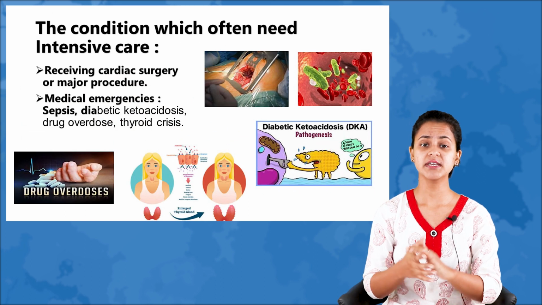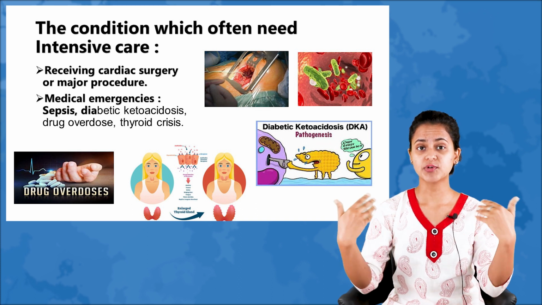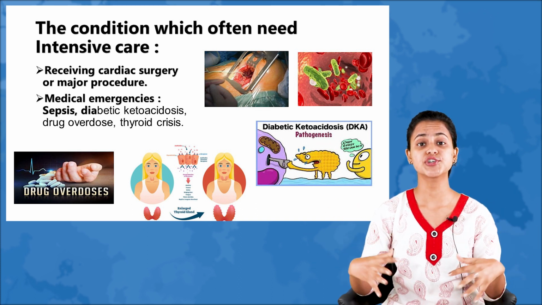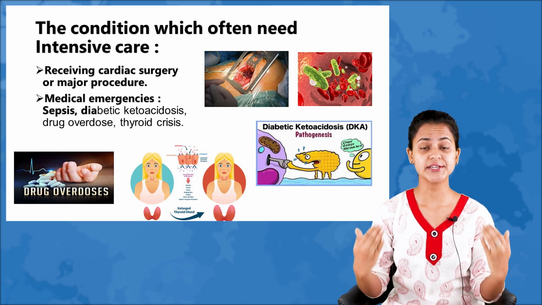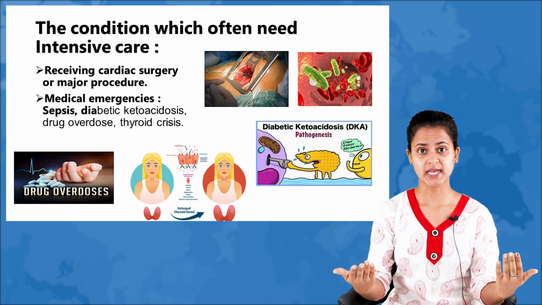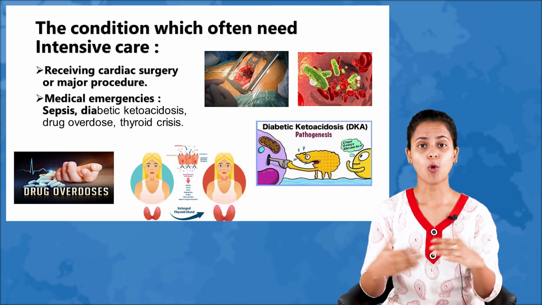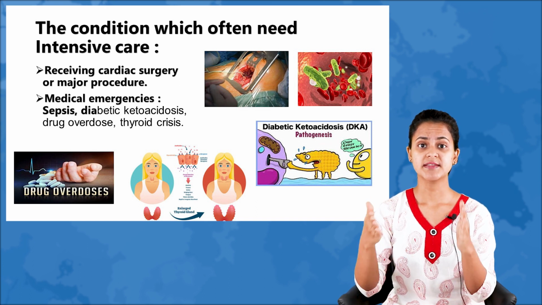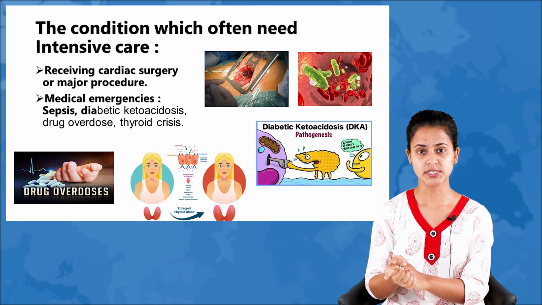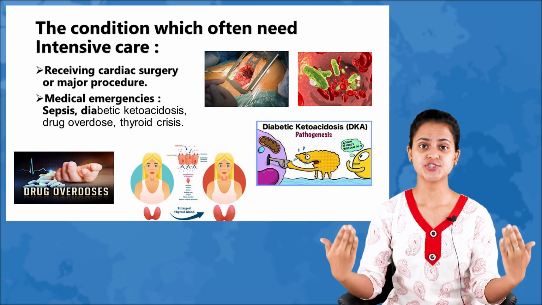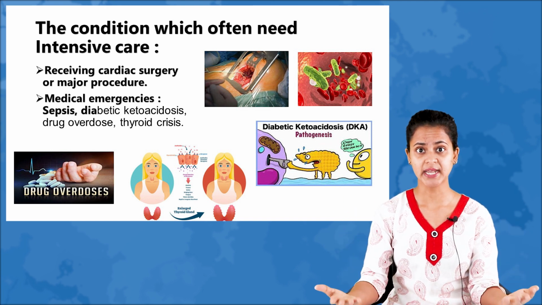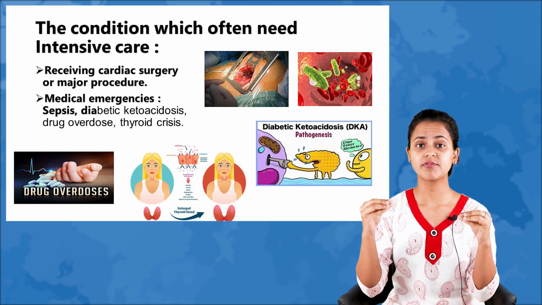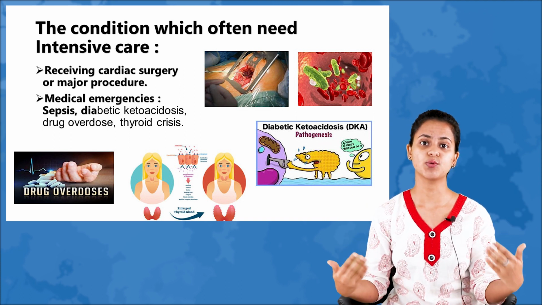Also, persons who are receiving a major surgical procedure, for example an organ transplant or a liver transplant, definitely require admission into the intensive care unit. Because remember, a major surgery requires very specialized and continuous monitoring.